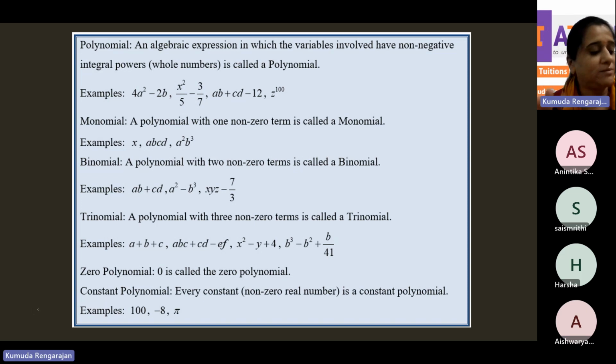If you have understood that polynomial means an expression with many terms, please unlearn that and learn this. A polynomial can have many terms, but everything that has many terms need not be a polynomial. A polynomial can have 1 term, 2 terms, 3 terms, many terms. So this is what decides a polynomial: non-negative integral powers of the variables involved.